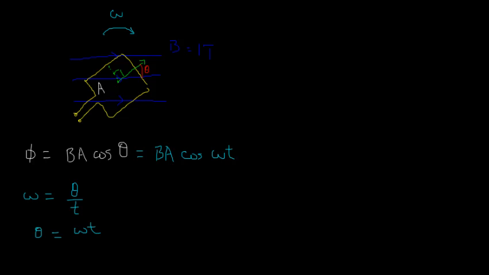Okay, and we know what a cosine graph looks like. That's a cosine graph. It starts from a maximum value, comes down to 0, goes negative, and goes up, down.